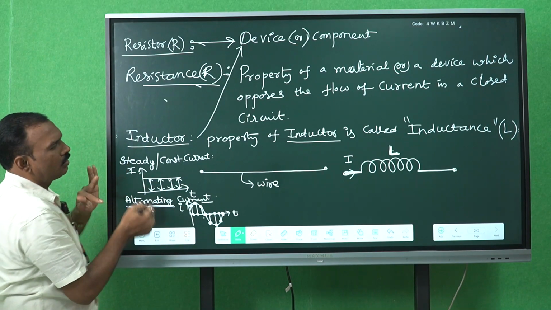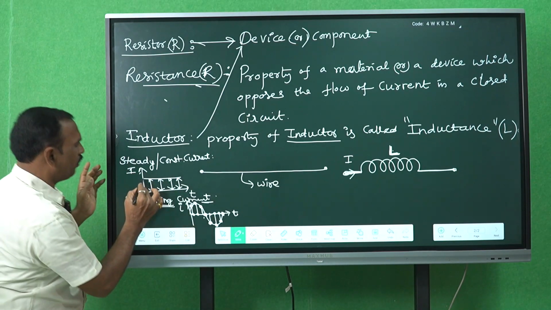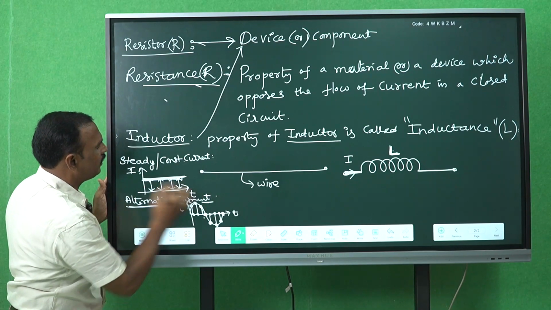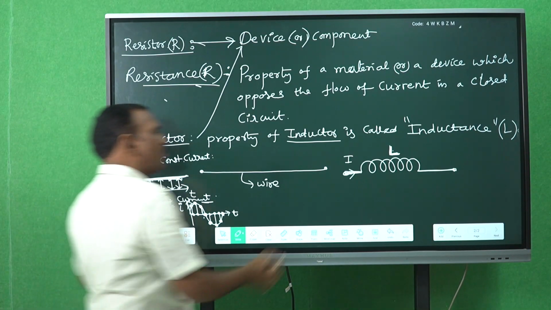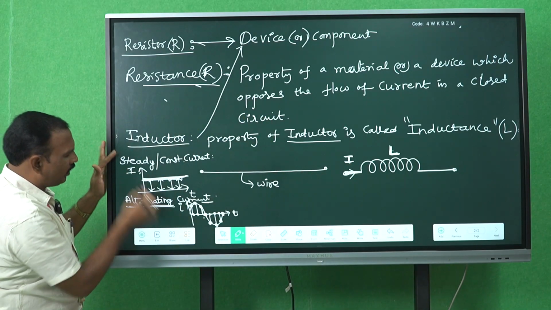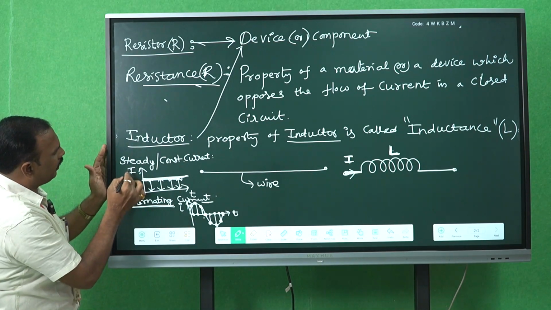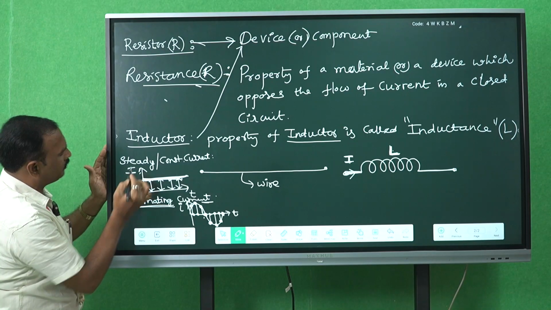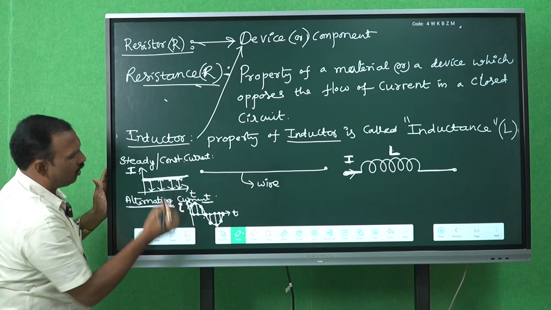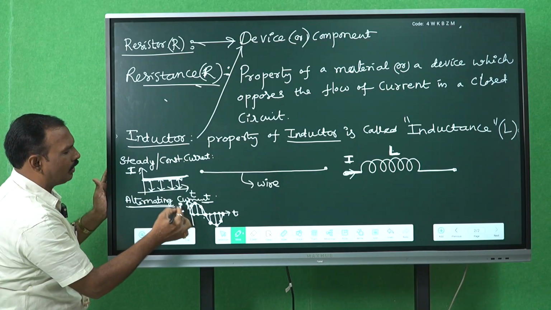Remember these two. The difference between steady current and alternating current is that steady current is always represented with capital letters, while alternating quantities are always represented with small letters.